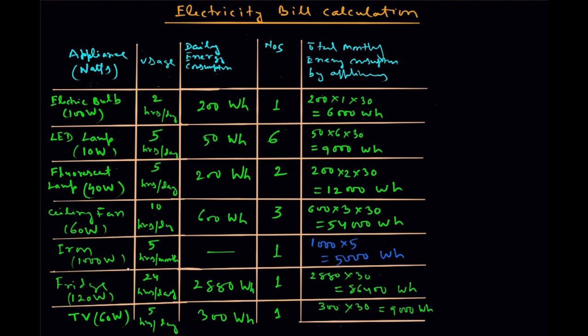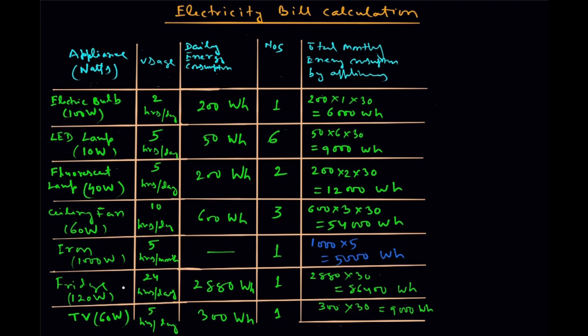There is one electric iron in the house, and that iron is used 5 hours in the month. So total monthly consumption is 1000 into 5, and that is 5000 watt hour. I have colored this blue because it is not used daily, just to stand out.